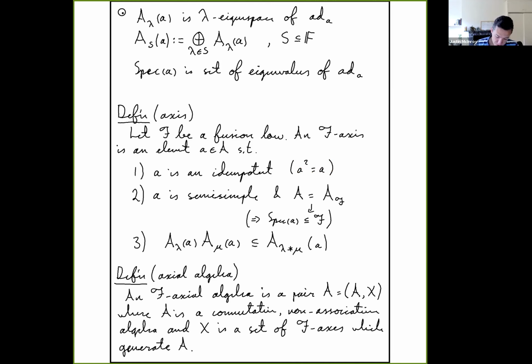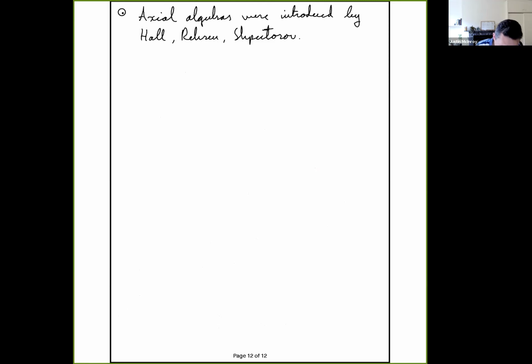And I want to say that an axis is primitive if the one eigenspace, axis A, let's say, if the one eigenspace is just spanned by A. So this is my notation here for linear span.